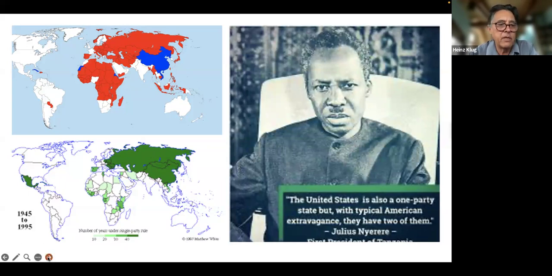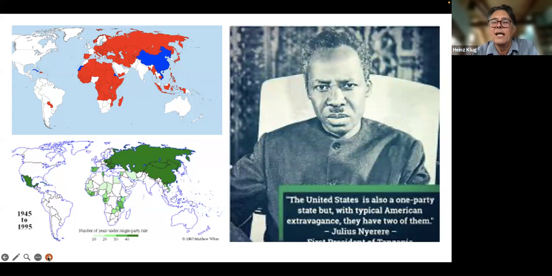Here's a wonderful statement by Nyerere, who says the United States is also a one-party state, but with typical American extravagance, they have two of them, which I just think is a fabulous statement by Nyerere. But Nyerere gets the party to set up a commission to decide whether there'd be a one-party state, but in the end, the commission has no real role, and they adopt a one-party state as a party decision.